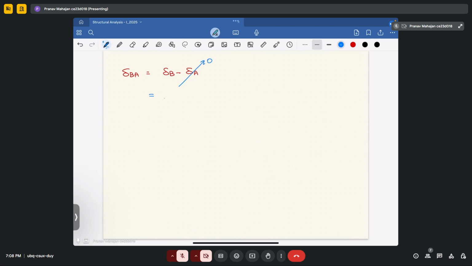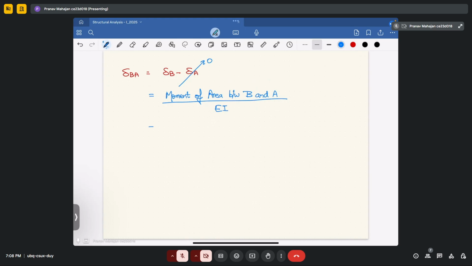That means it will be equal to moment of area between B and A divided by EI.